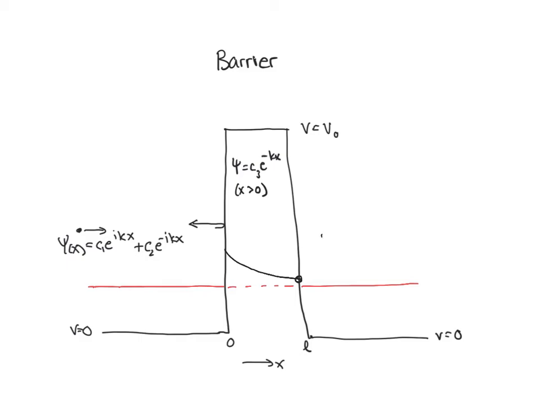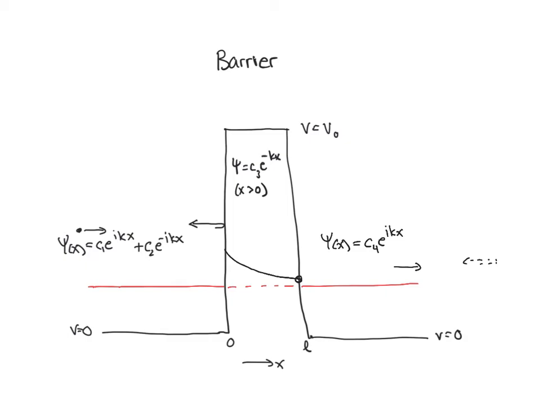And if it ends up on the other side, now the V is equal to 0, and so I'm back to my imaginary wave function. But at this point, I only need to include the positive going direction, particles moving in the positive x direction, because there's nothing out here that would turn the particle around and have it go back the other way.